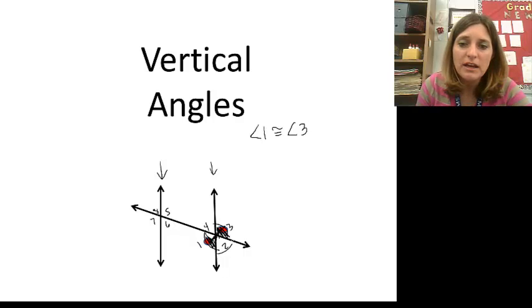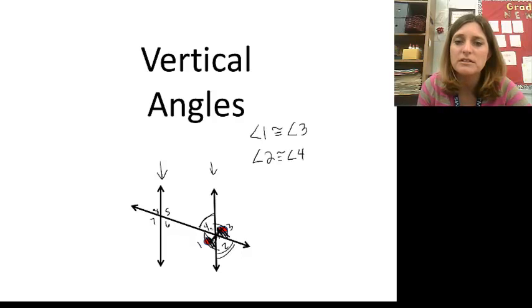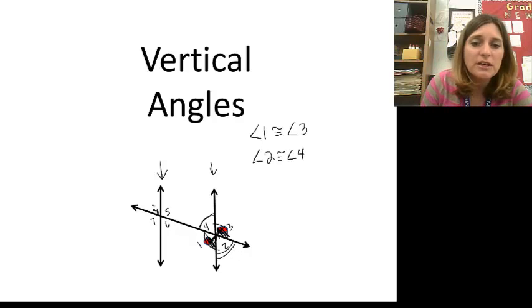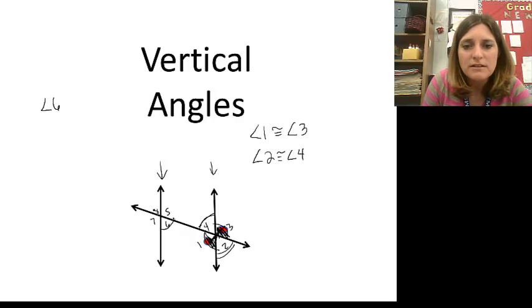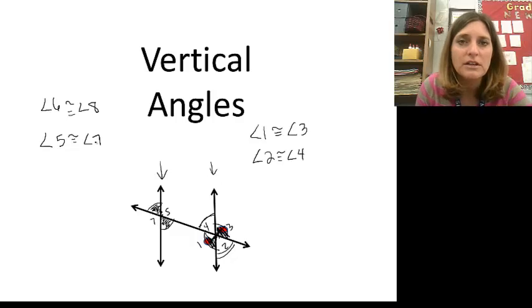Do you see that angle 2 is also congruent to angle 4 because of vertical angles? Do you see the bow tie? Over here, we have angle 6 is congruent to angle 8. See the bow tie? And on this side, we have angle 5 is congruent to angle 7, all because of vertical angles.